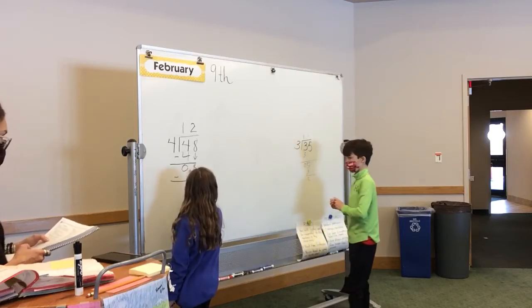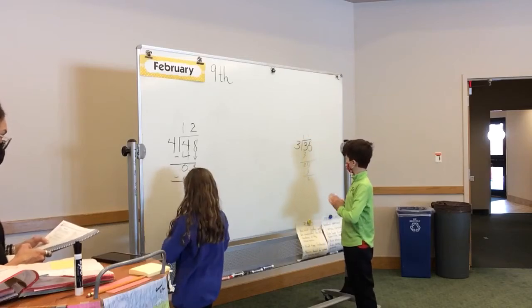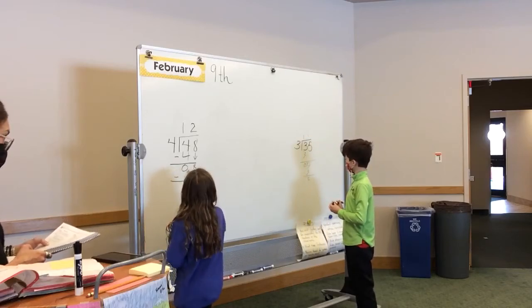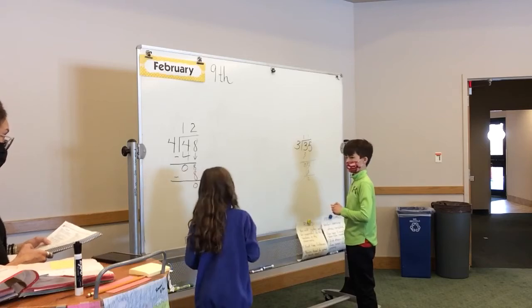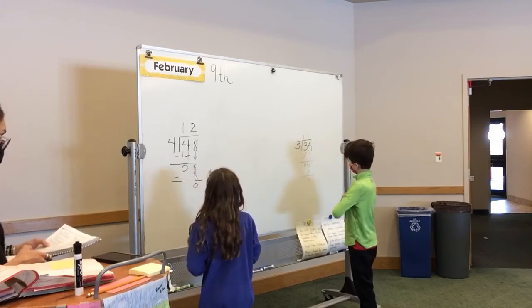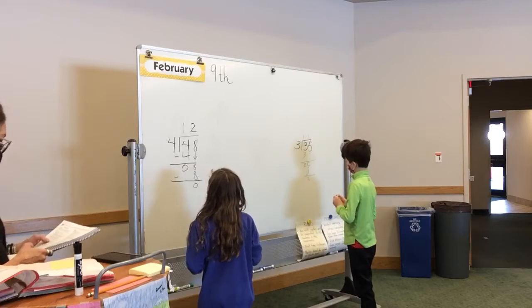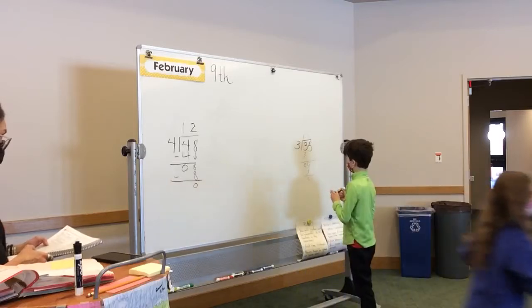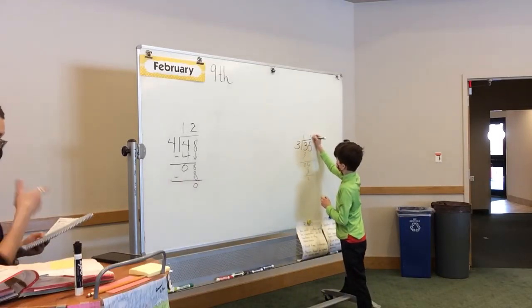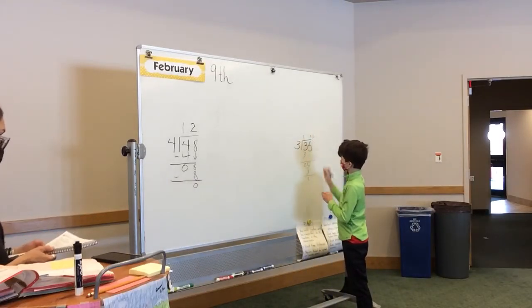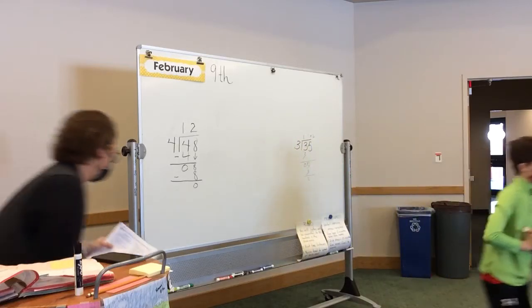So can you put 3 into 2? No, so what do you need to do with the 2? You don't have a remainder, Tessa. That's correct. Remember, that goes up top. No, on top. Yep, there you go. Beautiful. Good job.